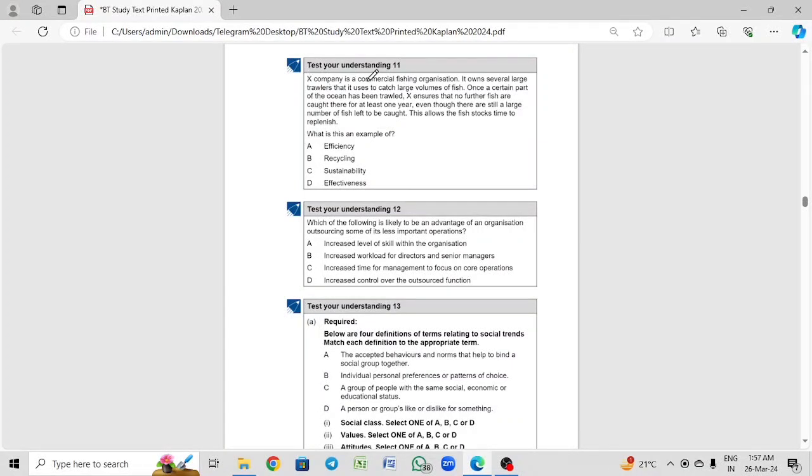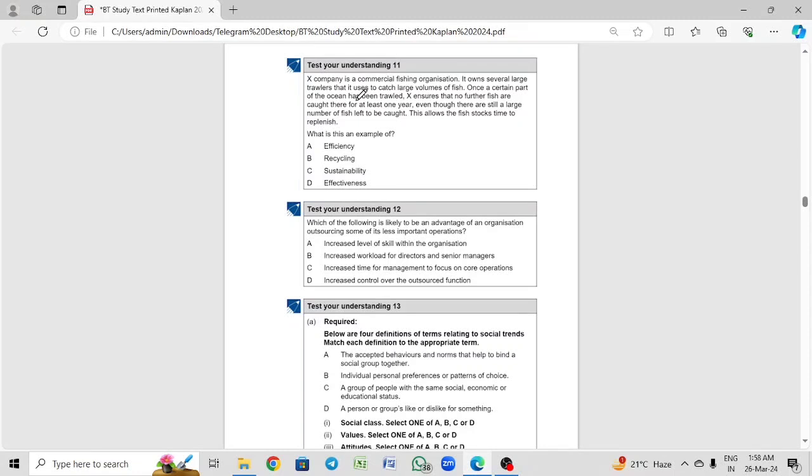Now test to understand number 11. X company is a commercial fishing organization. It owns several large trawlers that it uses to catch large volumes of fish. Once a certain part of the ocean has been trawled, X ensures that no further fish is caught there for at least 1 year, even though there is still a large number of fishes left to be caught.